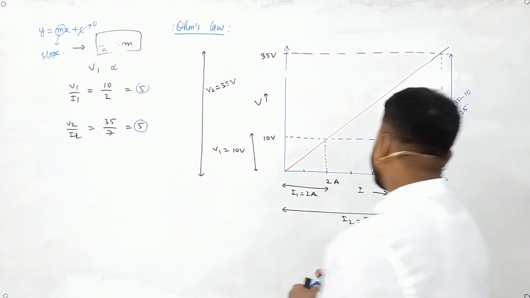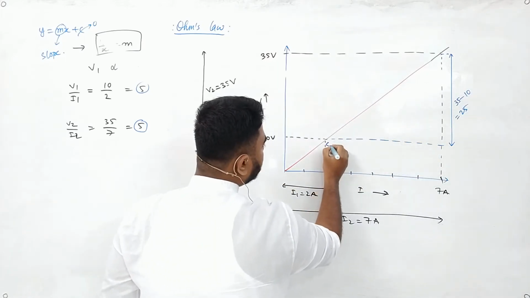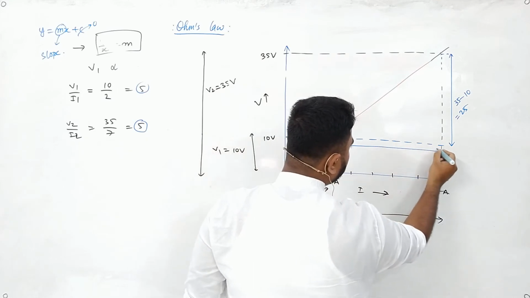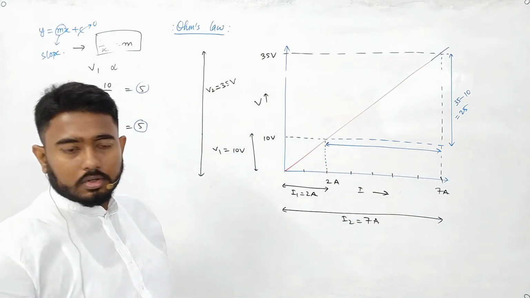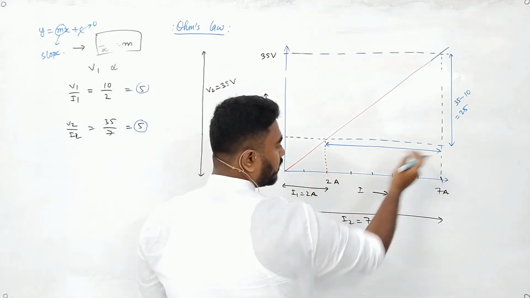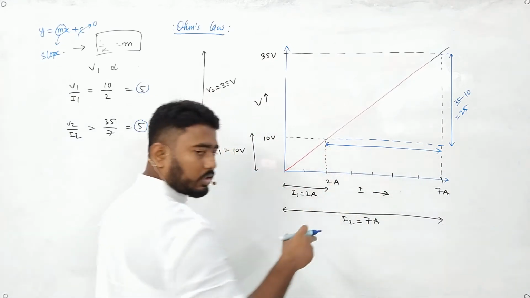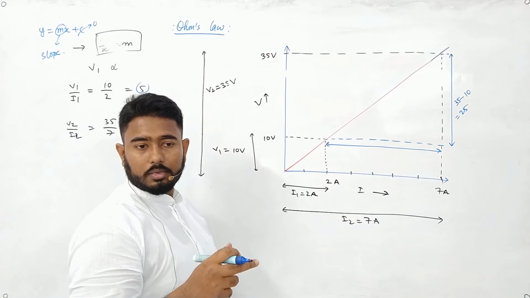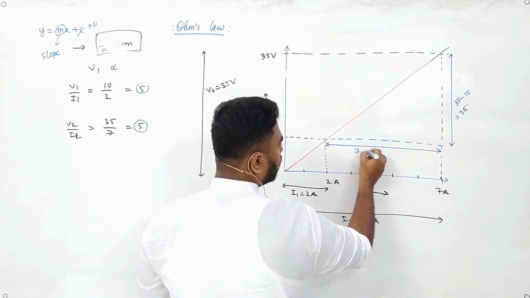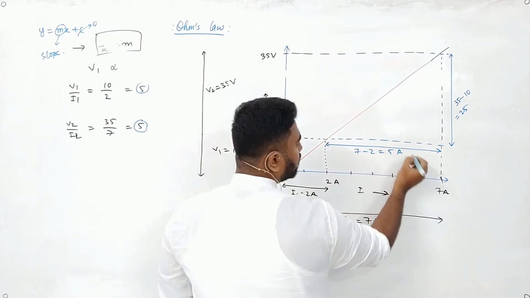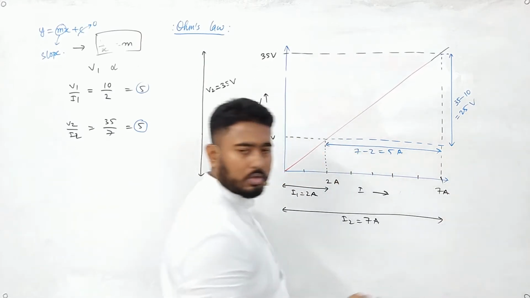Can you tell me what will be this much amount of current? Current is in this direction. What will be this much amount of current? Tell me. 7 minus 2. Good. 7 minus 2. That will be 5, right? This is 5 ampere. This is 25 volt.